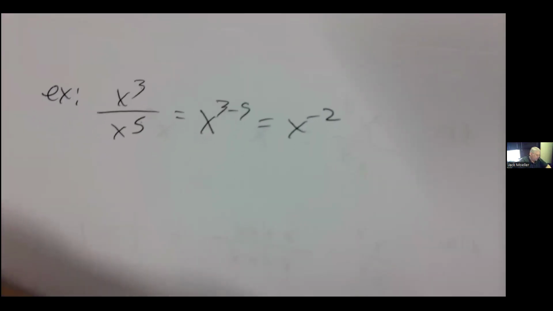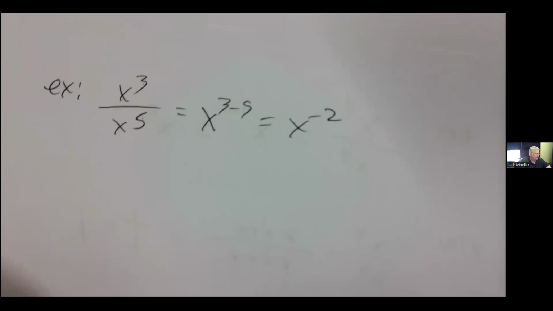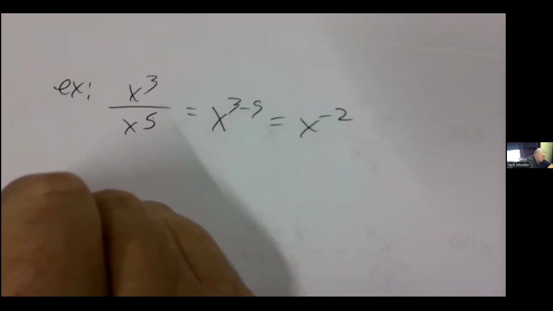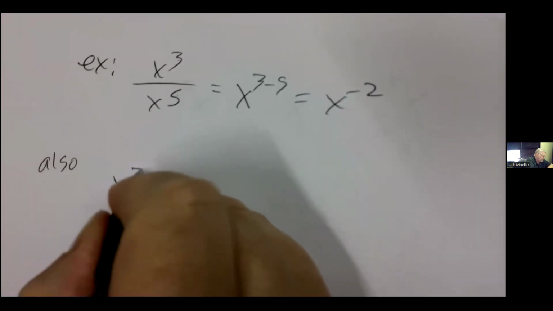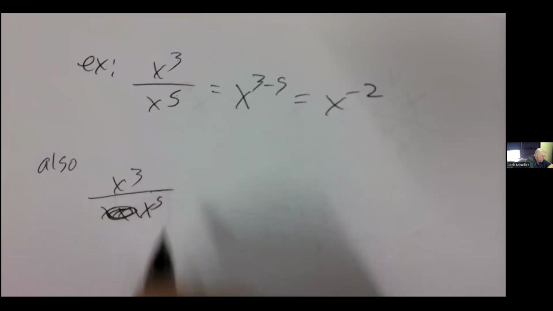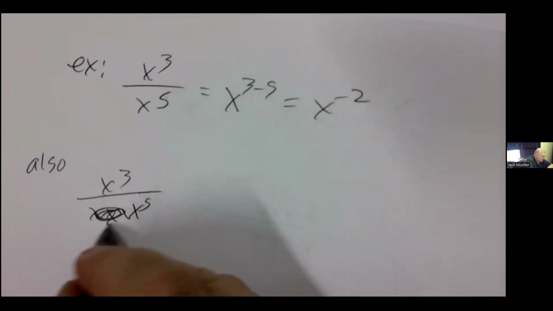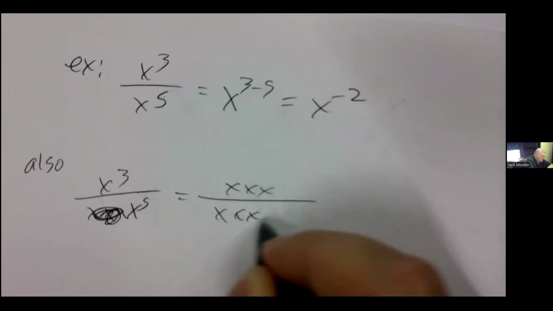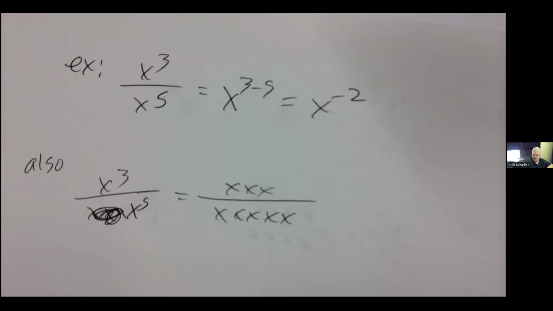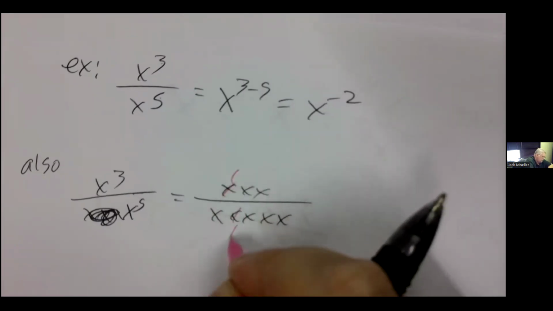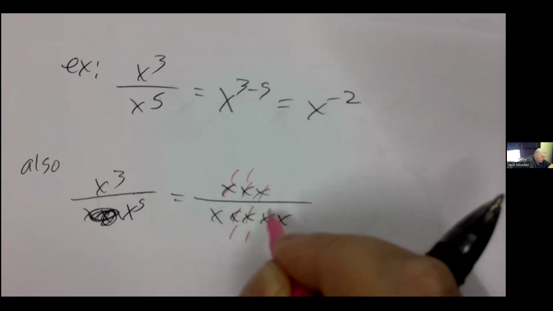And so normally, if you haven't seen a 0 exponent, it probably means you haven't seen a negative exponent either. So what does this mean? Well, let's back up and write this out and see what happens. So x cubed divided by x to the 5th is 3 x's on top, 5 x's on bottom, and then we can start canceling stuff. x divided by x is 1.